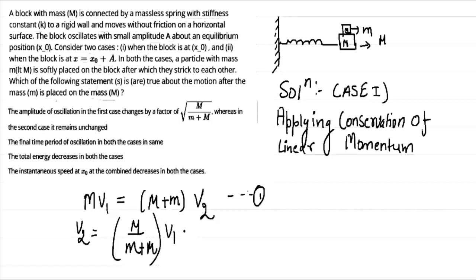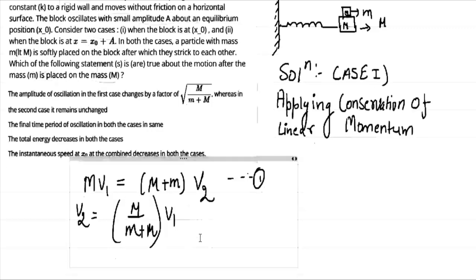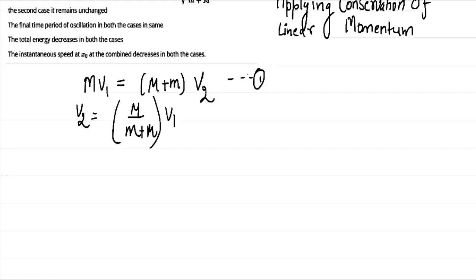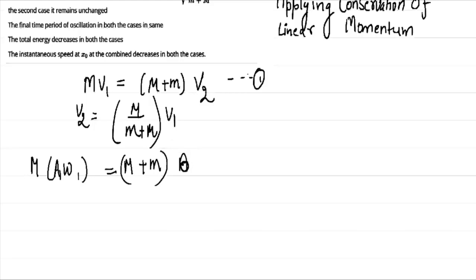This is our case one. I can also write it as M A1 omega1 is equal to (M plus m) A2 omega2.